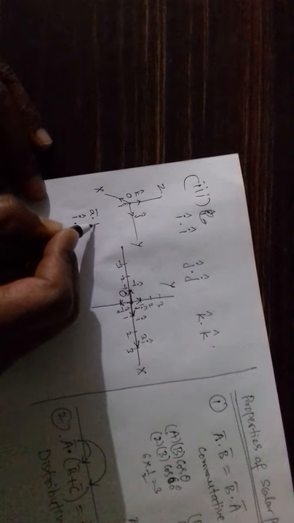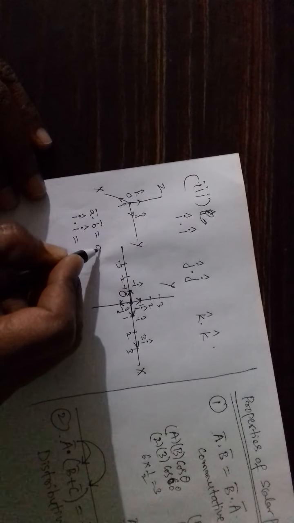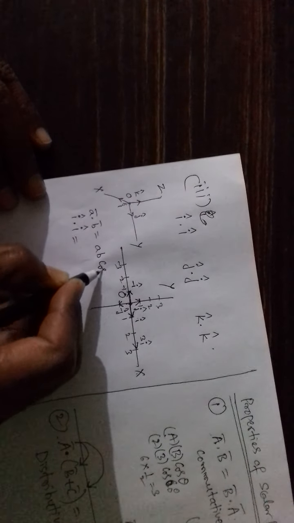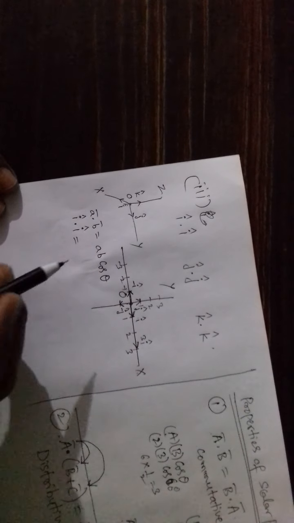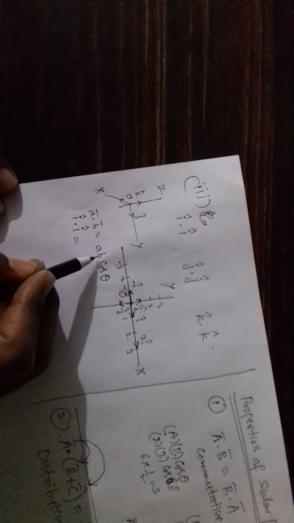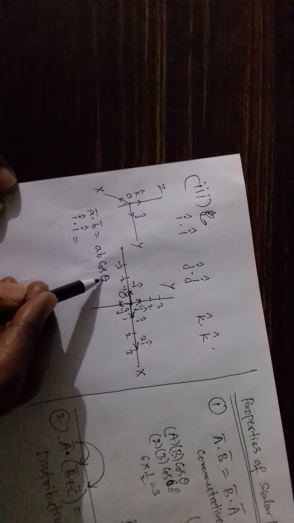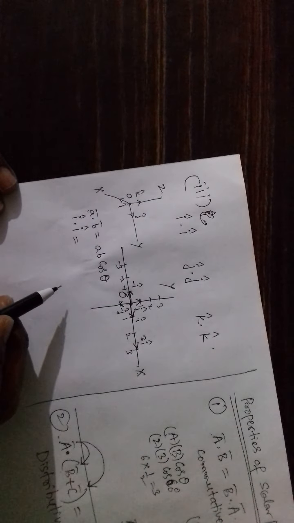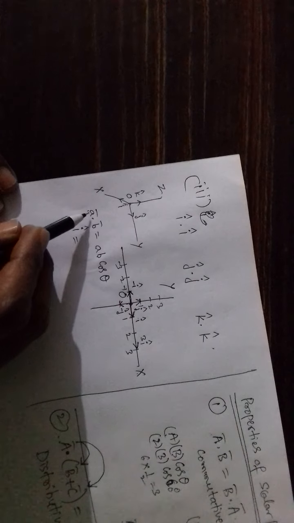So how is scalar product defined? Scalar product is defined as A dot B is equal to AB cos theta. A is magnitude of A vector, B is magnitude of B vector, and theta is angle between these two. So now I should take its magnitude.